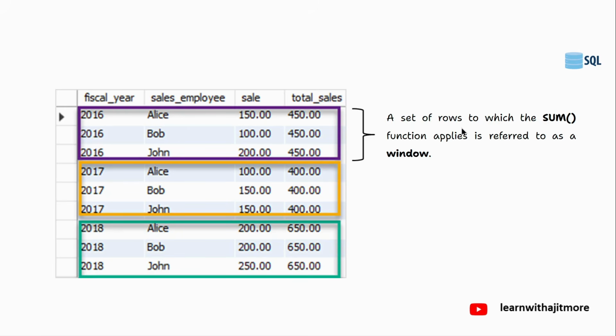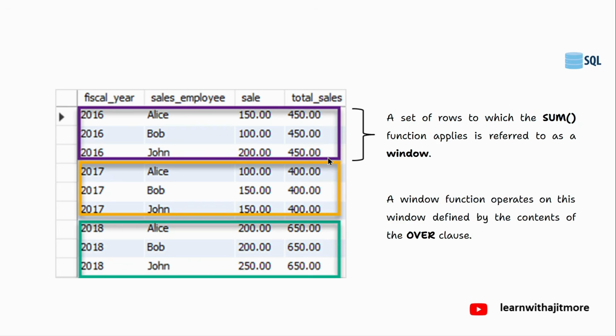See, a set of rows, which is called a partition, a set of rows to which the sum function applies is referred to as a window. Means one partition is called one window. And on one window, we apply the aggregate. But after applying the aggregate on one window, is that whole window reduced to a single value? No. Whatever values are there in that window are also visible, along with the aggregate output.